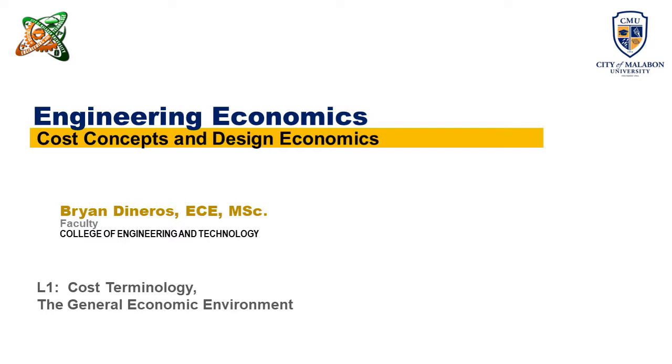These costs differ in their frequency of occurrence, relative magnitude, and degree of impact on the study. So in this lesson, we will define a number of cost categories and illustrate how they should be treated in an engineering economic analysis.